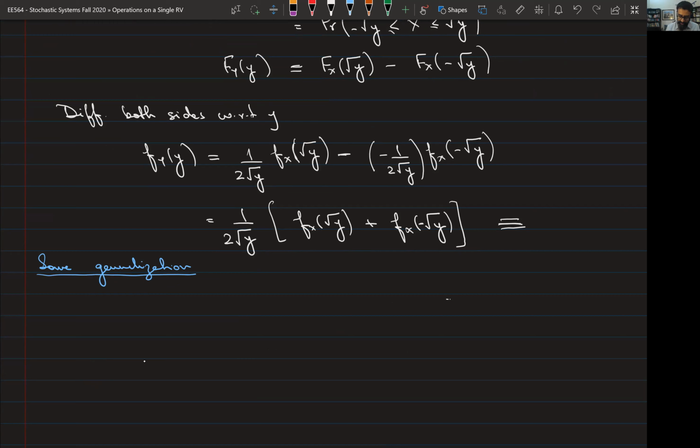Okay, so here's a generalization. Let's say I give you some function of x. Here this is capital Y, and this is what the function looks like.